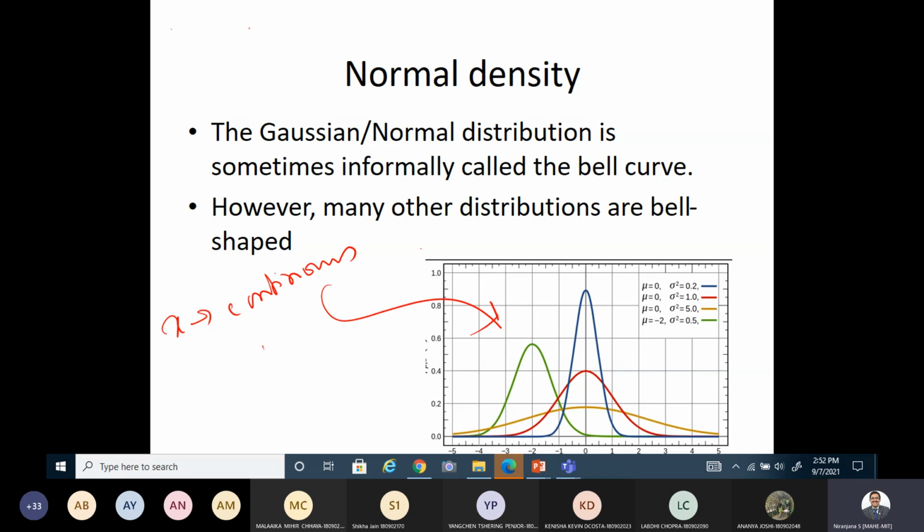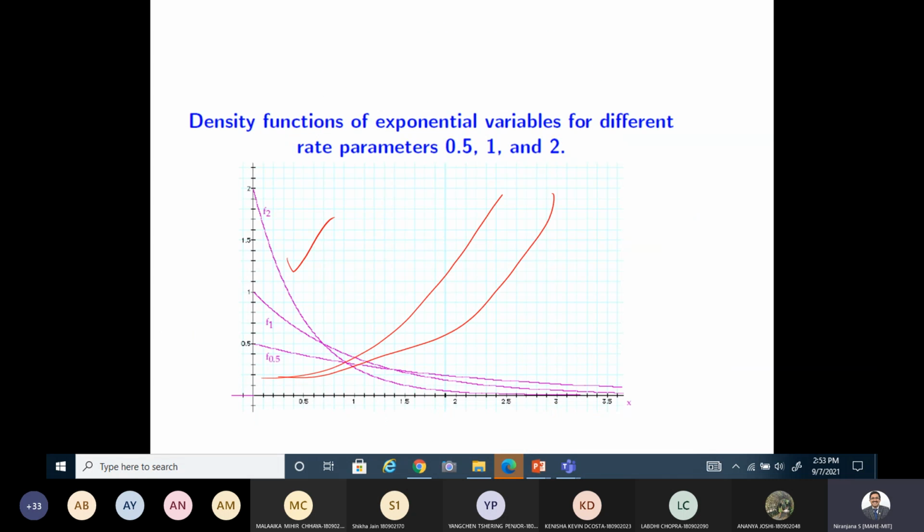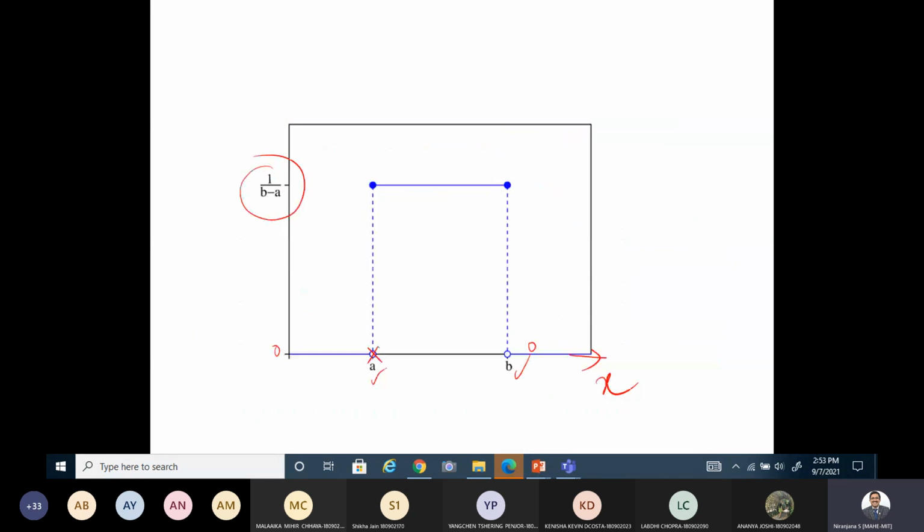we may try to represent it using some probability density function, such as the normal density function, or sometimes exponential, sometimes uniform. This is the uniform density function. How is it defined?